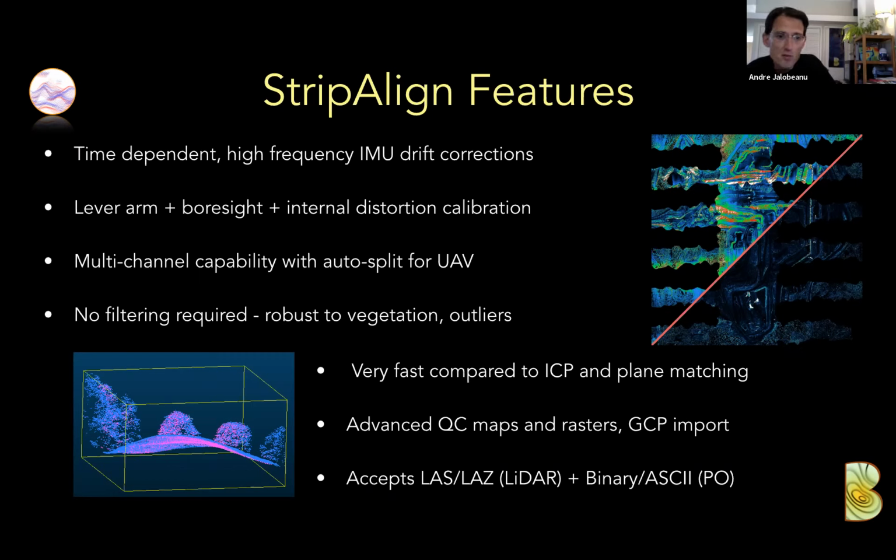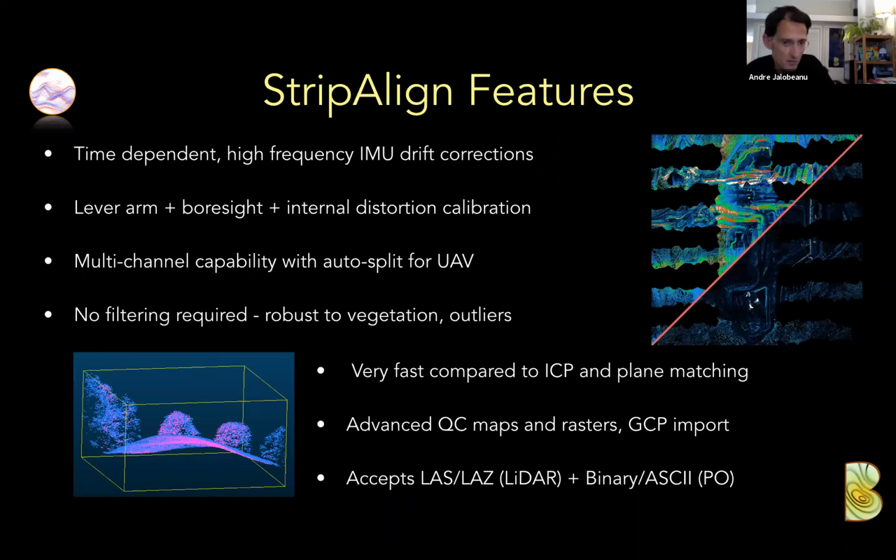There's no filtering required. It's robust to outliers, vegetation, temporal changes as well. You don't need to extract the ground first. You can just put whatever data you have there. And it's very fast compared to ICP or plane or feature matching. It doesn't need any particular feature. It uses all the data except the very rough areas, but it uses most of the data available.